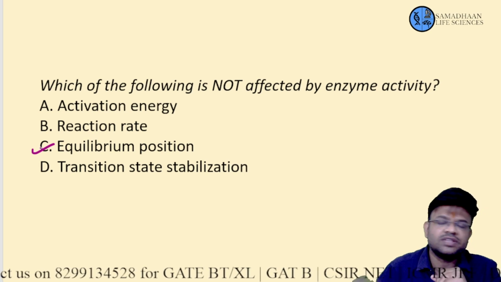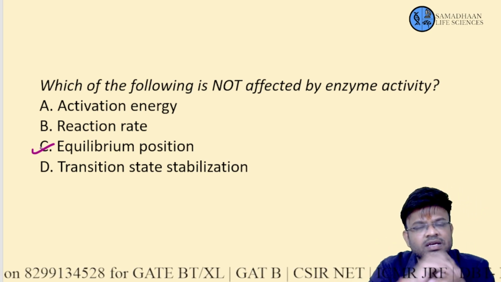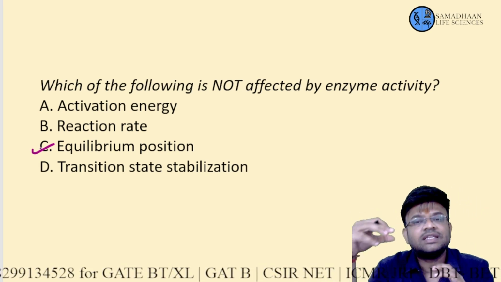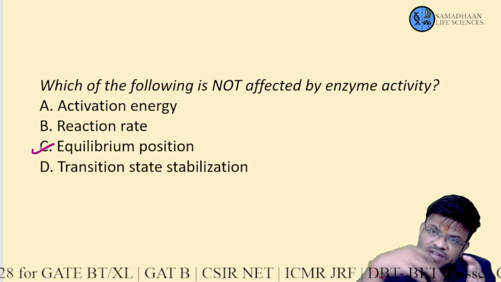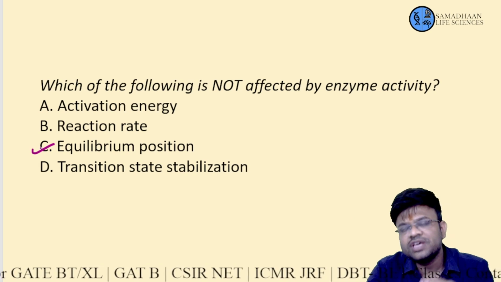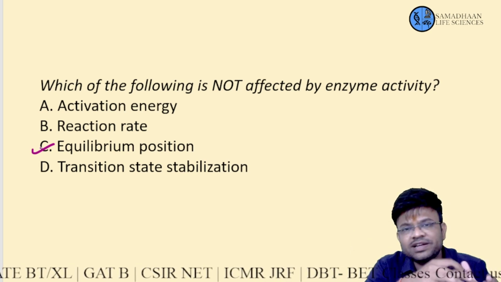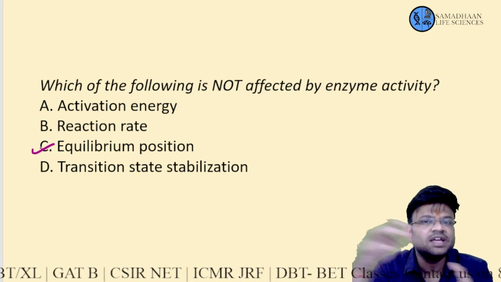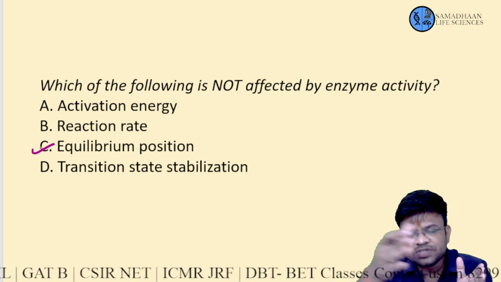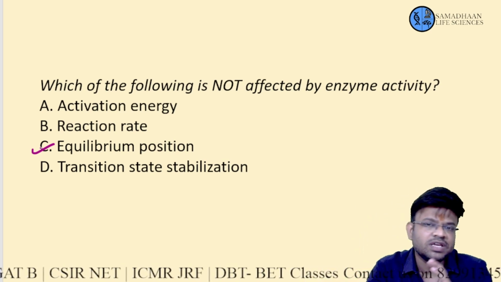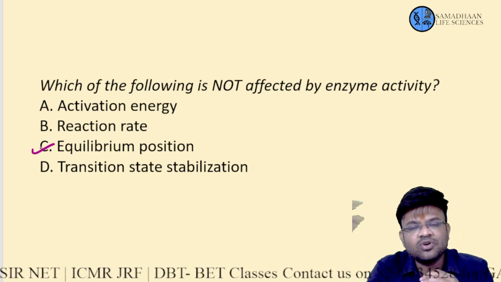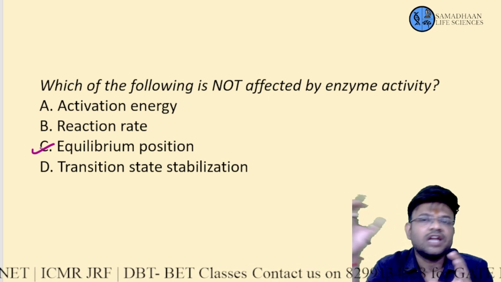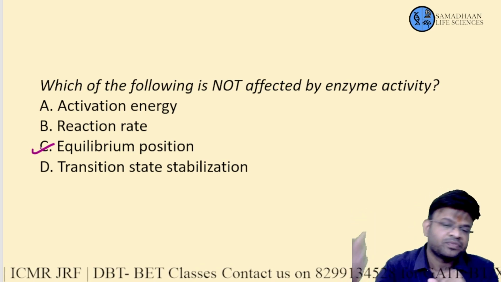Equilibrium position, that means the equilibrium constant, is not affected by the enzyme activity. Remember that the time in which the equilibrium is reached, that is of course affected, because the rate of the reaction is speeding up. So the time at which the equilibrium will be reached would be significantly decreased, but the equilibrium constant or equilibrium position will not be changed at all.